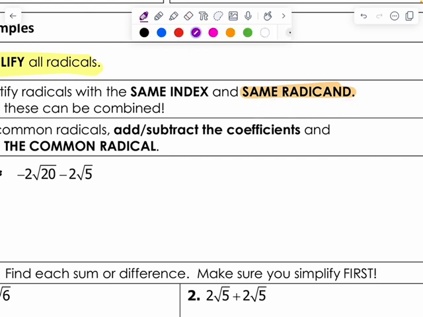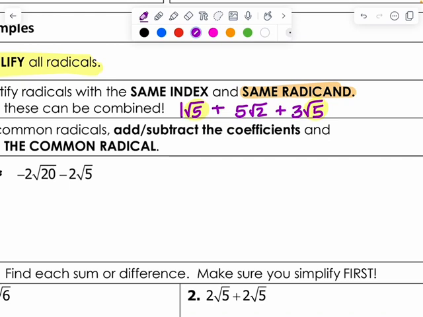Okay. Now, if we were to have something like radical 5 plus 5 radical 2 plus 3 radical 5, notice how not all of these radicals are the same. Here's a radical 5 and here's a radical 5, so those can be combined together. There's not a number out in front, so we know that's a 1.